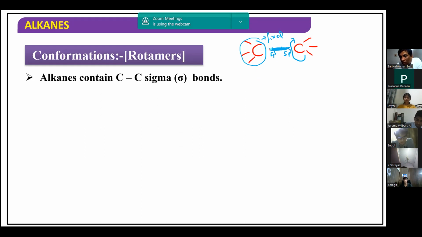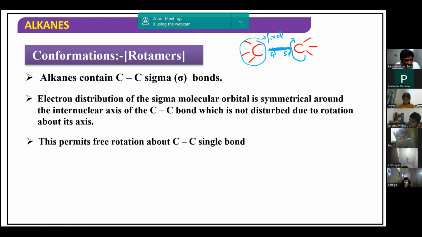This bond is not going to get disturbed, because we are rotating along the axis itself. So the carbon-carbon single bond, the sigma bond, does not get disturbed if I rotate the other carbon atom, fixing one carbon atom. So as a result, what we observe is very important.